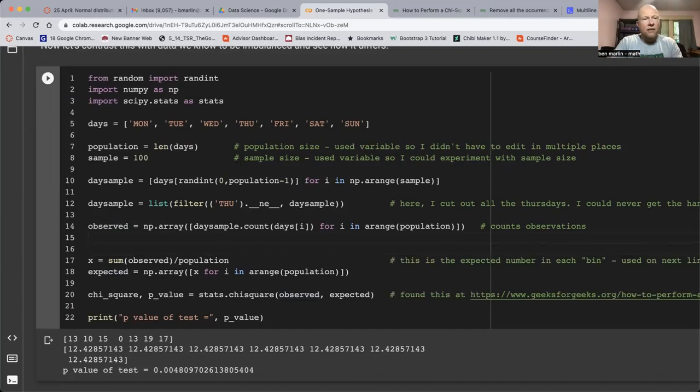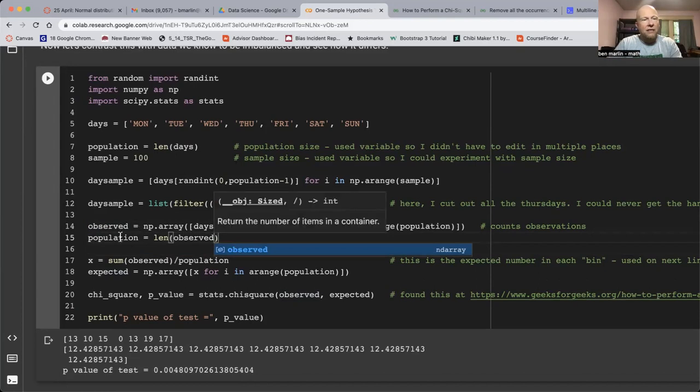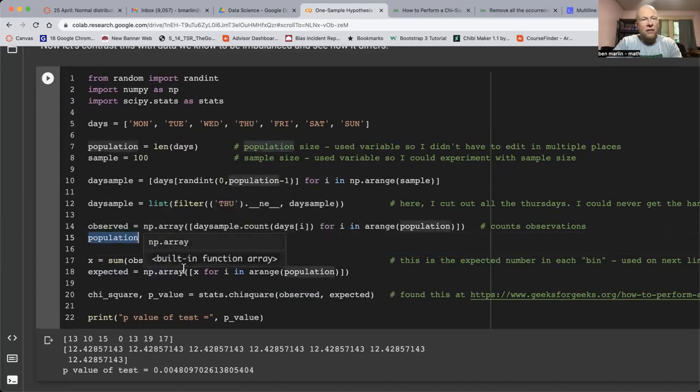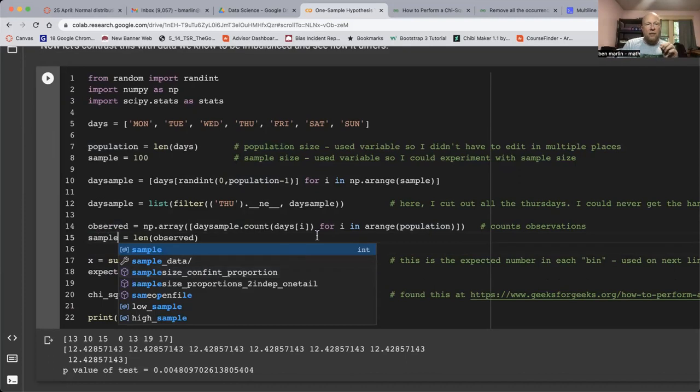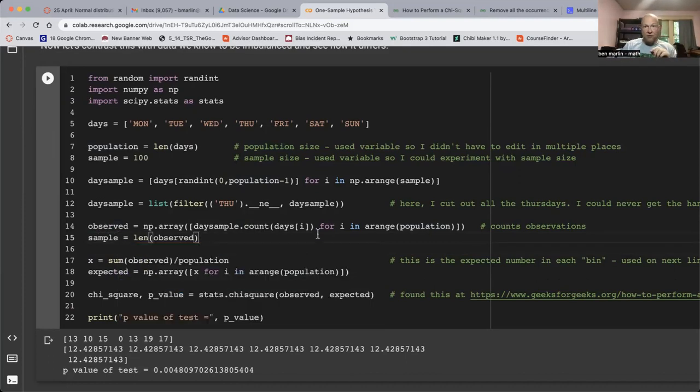I need to change it and say now my population is going to be the length of observed. That's not my population, sorry. That's my sample size. My sample is going to be the length of the observations. I hope that makes sense to y'all, because since I cut out the Thursdays, I need to resample and figure out how many of them we actually have there, okay?